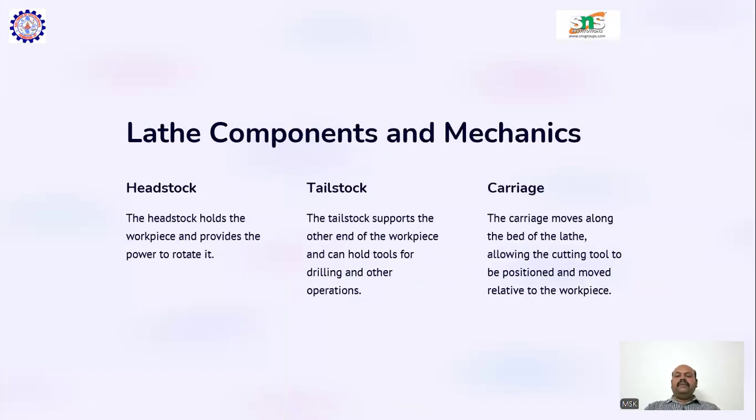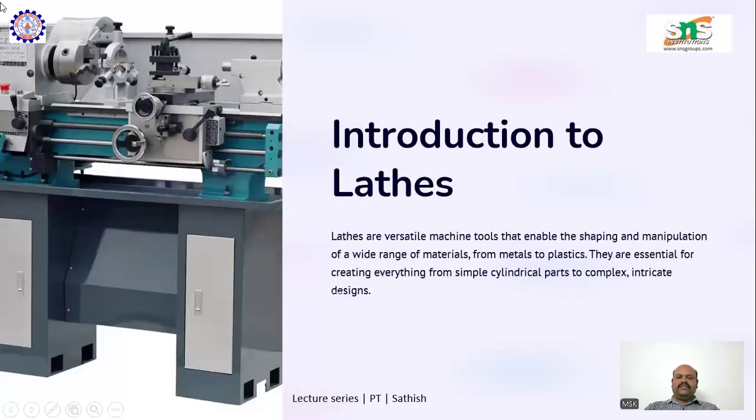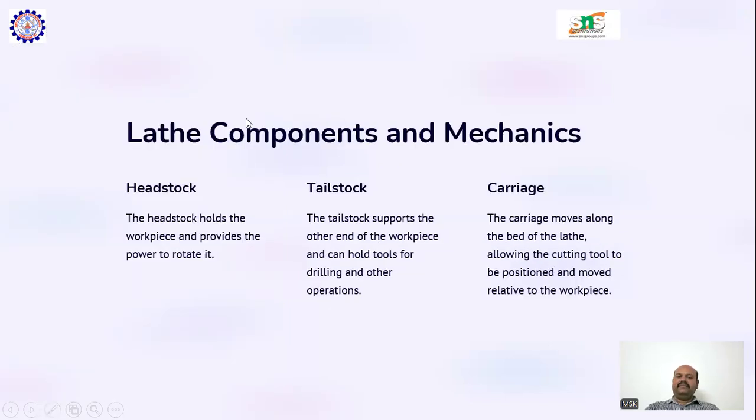So what are the major components here? You could see the machine has the headstock, the tailstock, and the carriage. Let us go to the picture. Headstock is here, where this is called a live center, where all the workpieces are mounted. Tailstock is the right hand side part of the lathe, where it supports very long cylindrical workpieces to avoid bending.